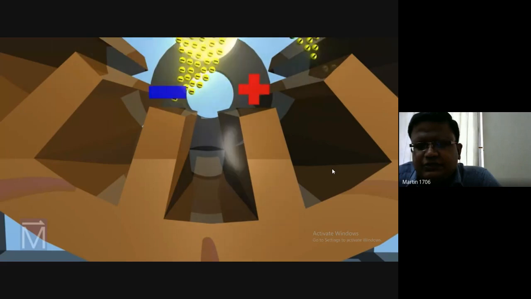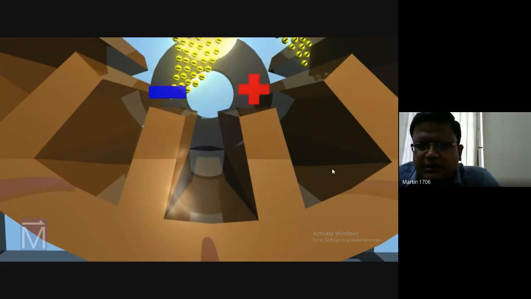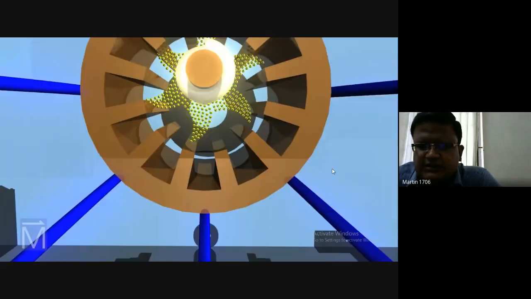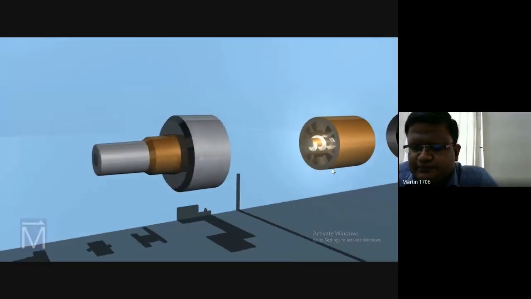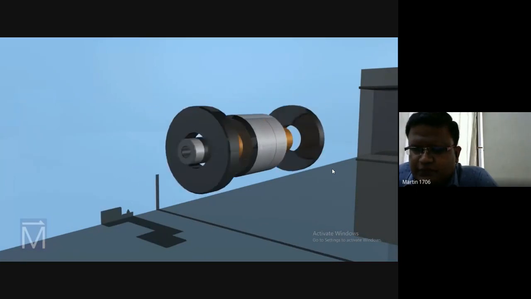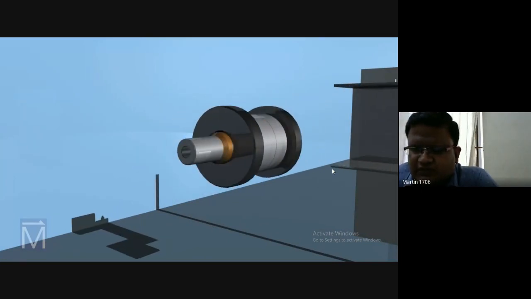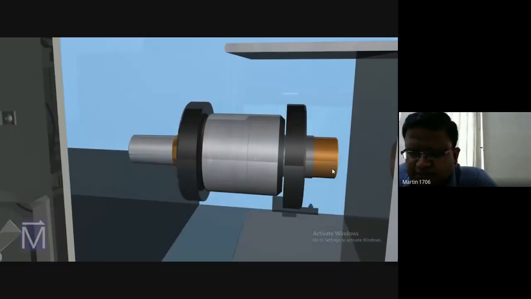So we have seen two types of device. One is the O type and another one is the M type. So this is the M type. This device also we will study in the next part.